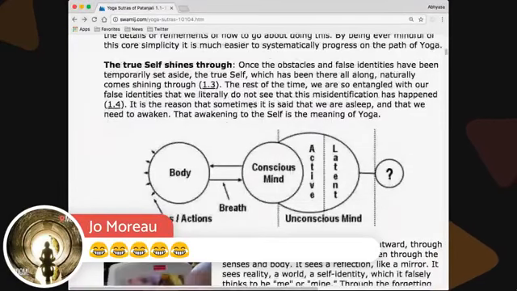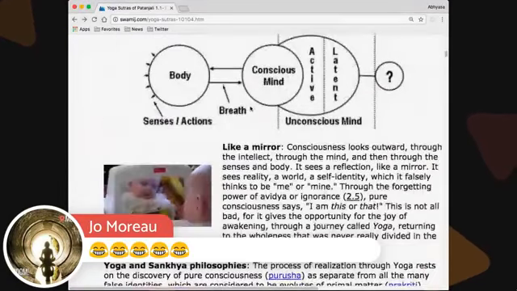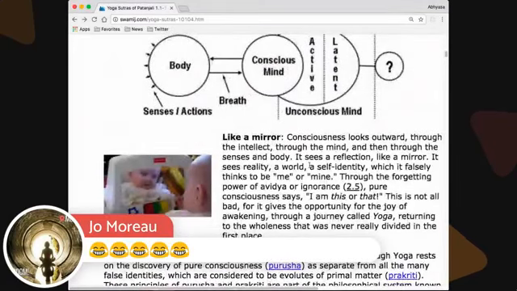And so there is our principle here. It's like a mirror. Consciousness looks outward through the intellect, through the mind, and through the senses and body. There's a little baby looking in the mirror with fascination. Look at the look in the eyes of that little baby, if you can see it. It's just totally in awe, looking in the mirror.